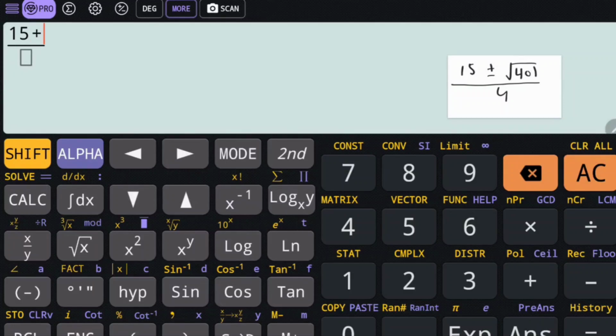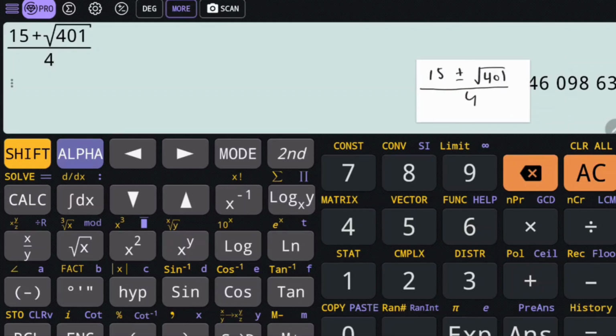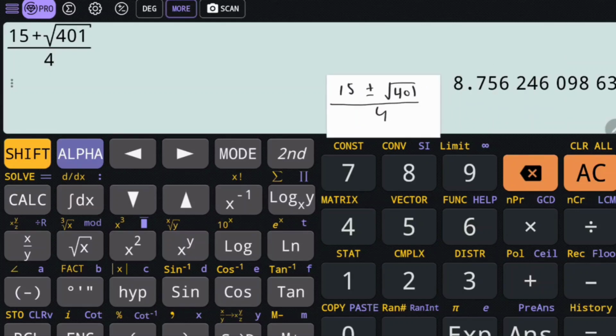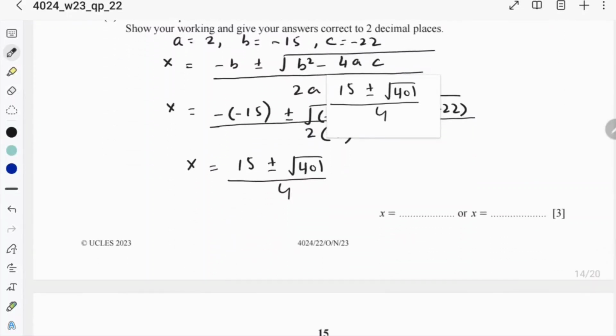15 plus square root 401 upon 4 equals 8.756, which is approximately 8.76.